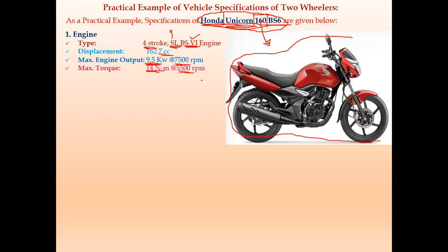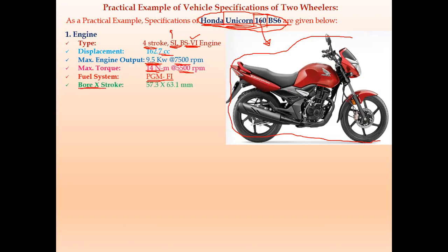Next engine specification parameter is the fuel system. Which type of fuel injection system is there? It is PGM-FI, that is programmed fuel injection system. PGM is program, F is fuel, I is injection. Next parameter is the bore and stroke.